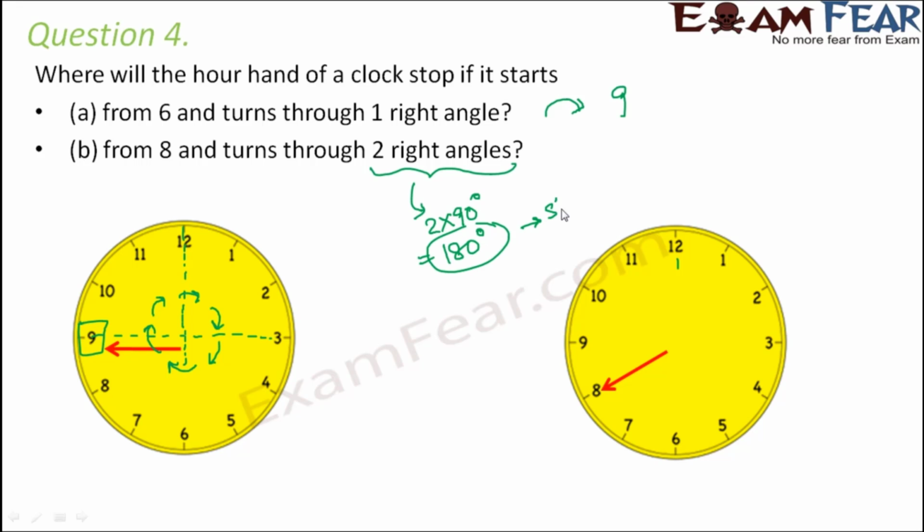This is a straight angle. Very simple, it started from 8 and after rotation, it will make such an angle that it forms a straight line. And in order to form a straight line, where will it reach? Absolutely, it will reach 2. So 2 would be the end point. It will stop at 2.